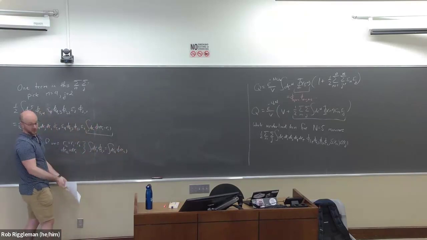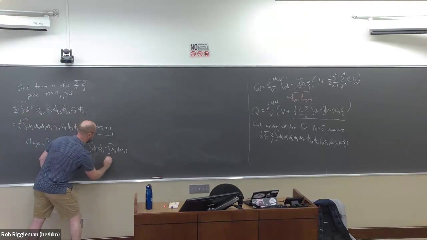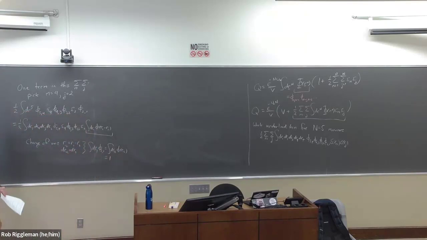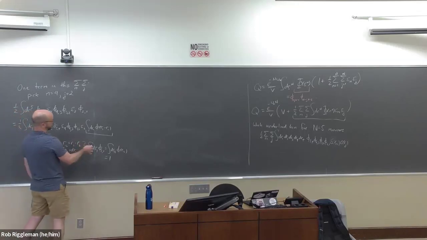And this is just the integral of a bond transition probability. So this is just 1. Okay, so that lets us basically get rid of that chain end.